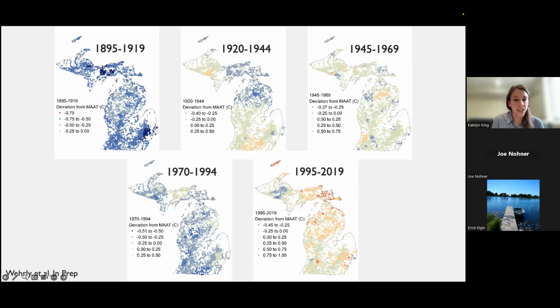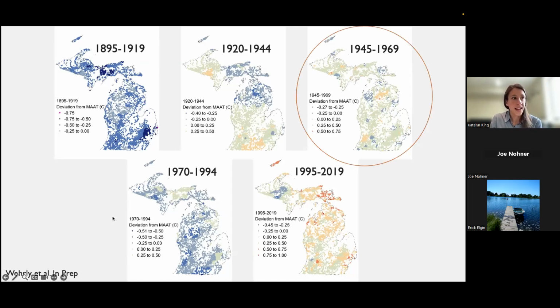What I find really interesting is, depending on which time period you're looking at, you're going to see changes, where you've got the really cool time period here, but over here you've got some that haven't changed, some that are warmer, some that are cooler. Again, from 1970 to 94, you're getting some more cooler than average changes.